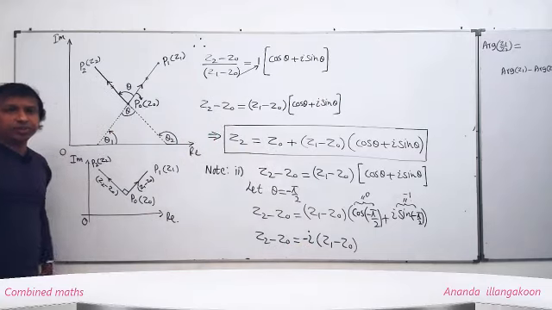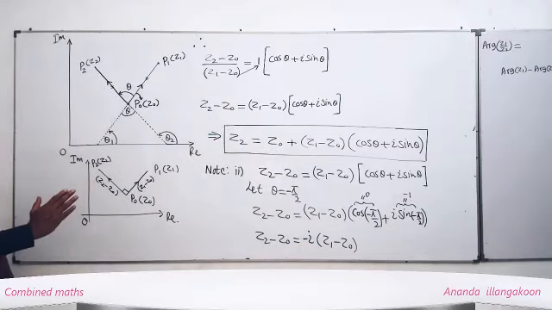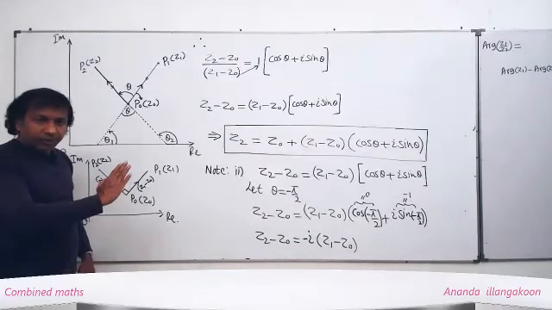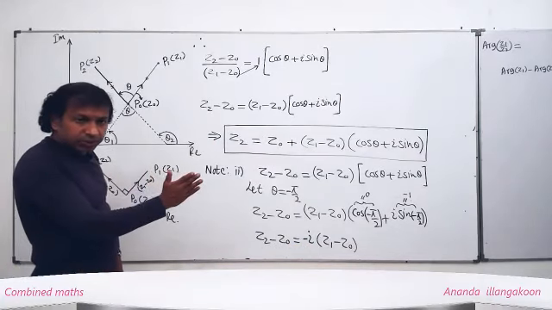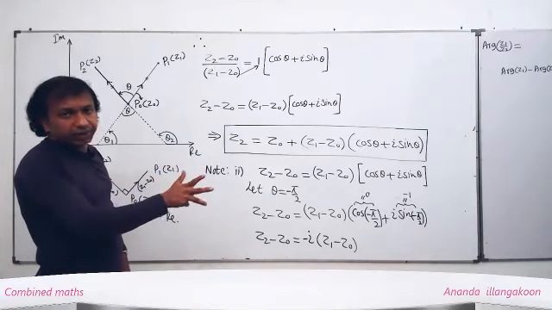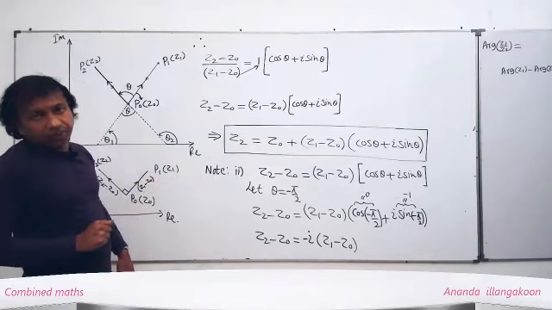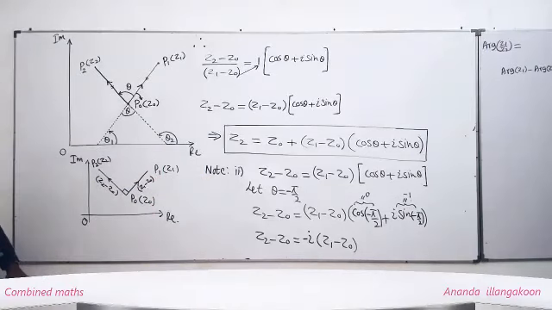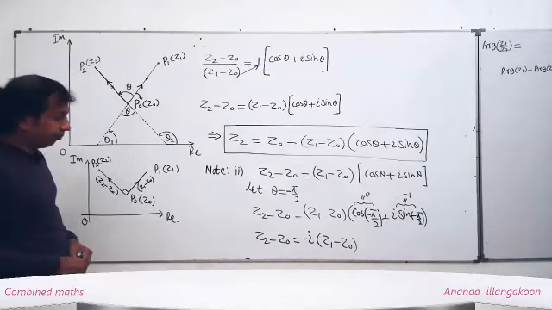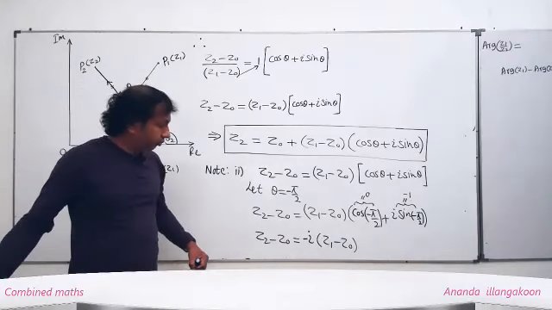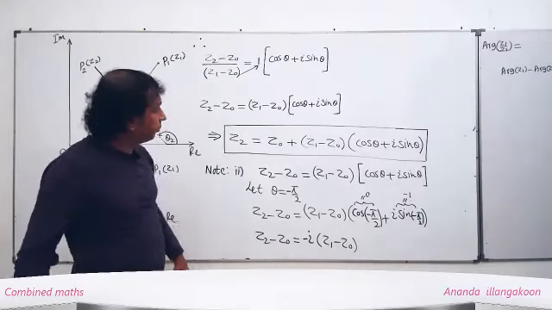Now what is the result? When a complex number is multiplied by minus i, the corresponding line segment is rotated in the clockwise sense by an angle 90. This is the result. Clockwise sense by an angle 90.